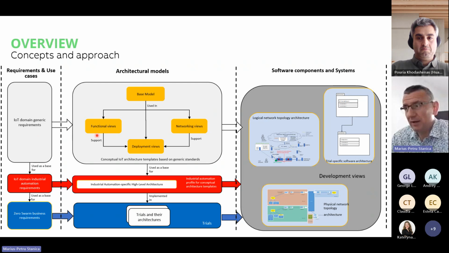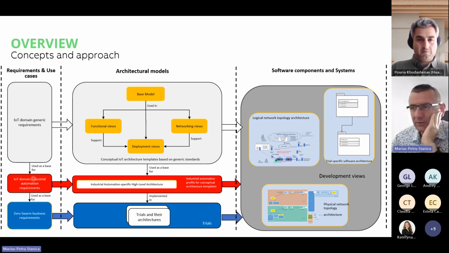And that was one line of activity. You can see it in the above part, which generated some architectural models and already has some specified views about the architecture. We will see it in a moment.